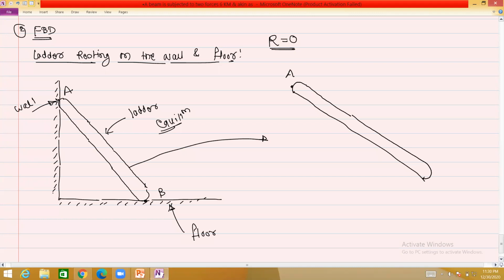So this is the point A and this is the point B. Suppose the weight of this ladder is equal to 200 Newton, and the length AB is equal to 5 meter.